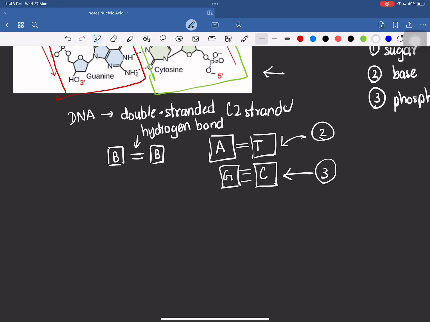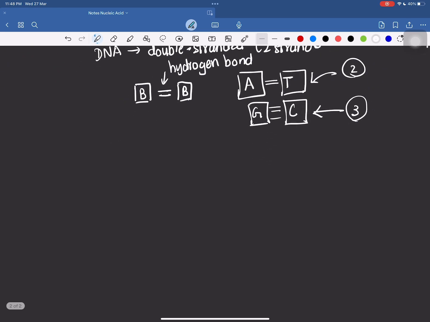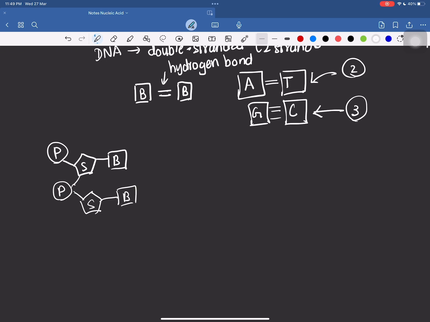Another thing you guys need to remember is sugar, base, phosphate. Between two of the nucleotides, they are bound by which bond? It is called phosphodiester bond.